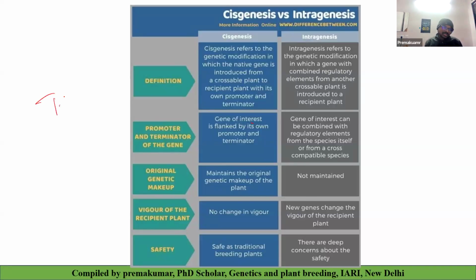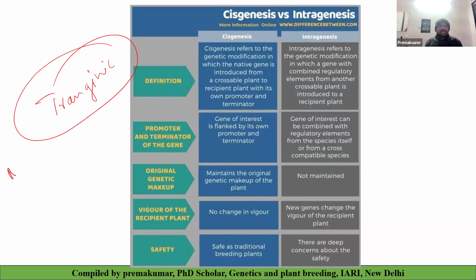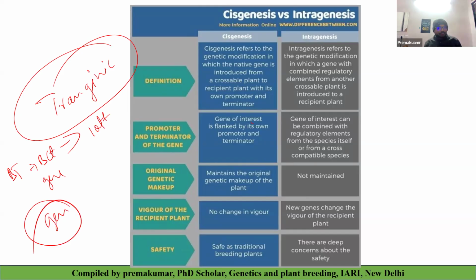What is transgenic? For example, Bt. From bacteria, the bacterial gene is put into the background of the cotton plant. It means the gene is from a different taxa, different genera or even a different species. But this will have some severe consequences on environmental regulation and can't be approved.